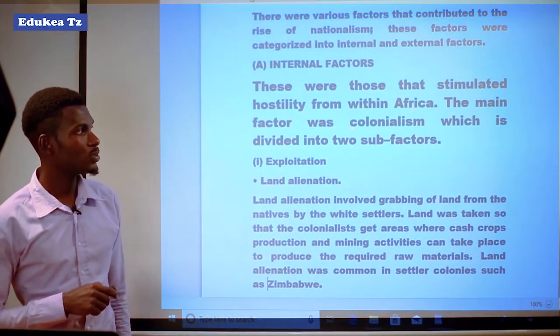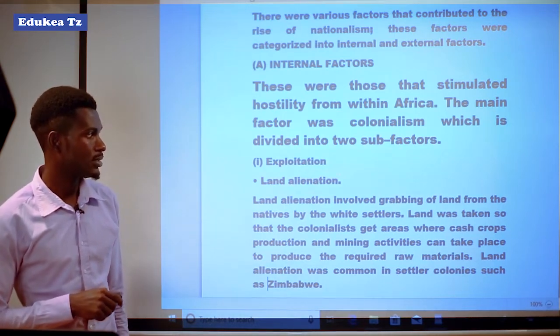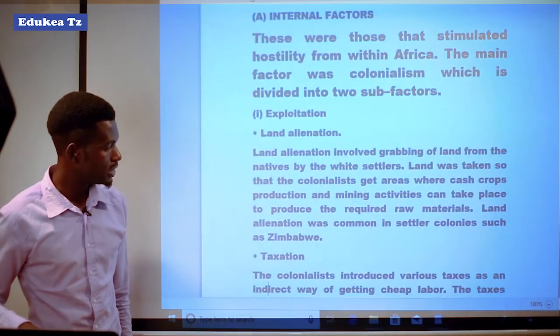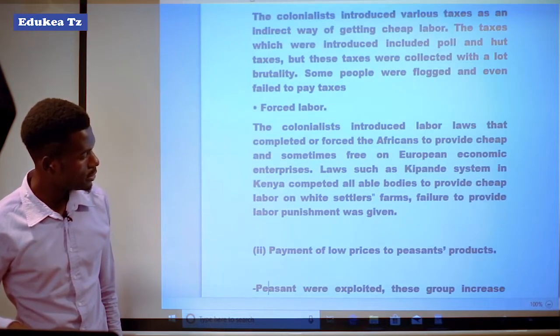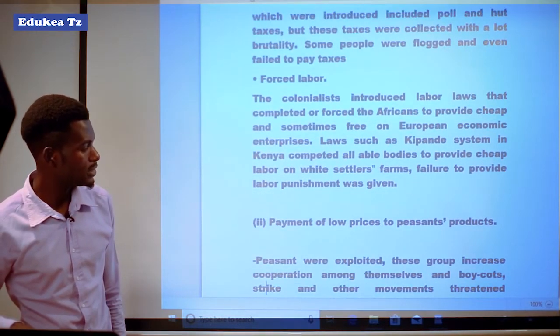The main factor was colonialism, which is divided into two sub-factors. The first one was exploitation, and the second one was payment of low prices for peasant products.